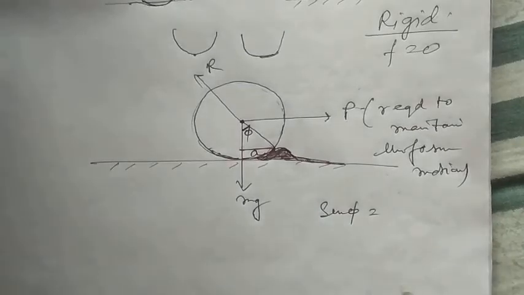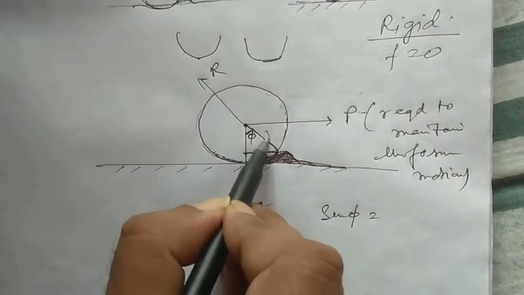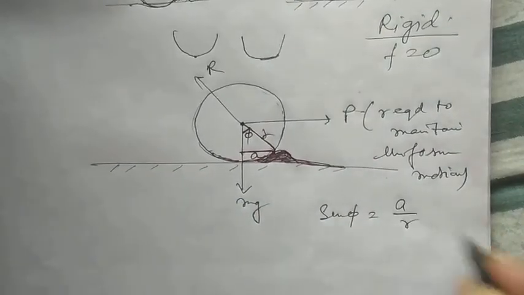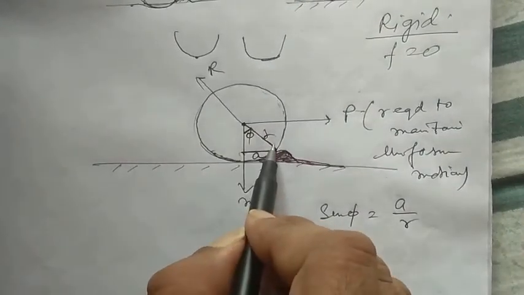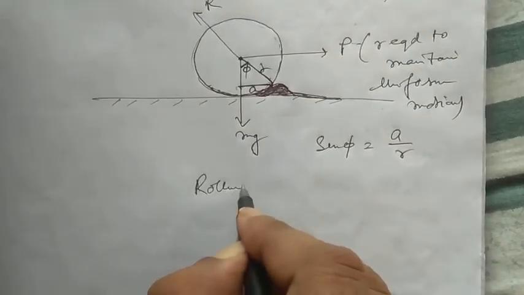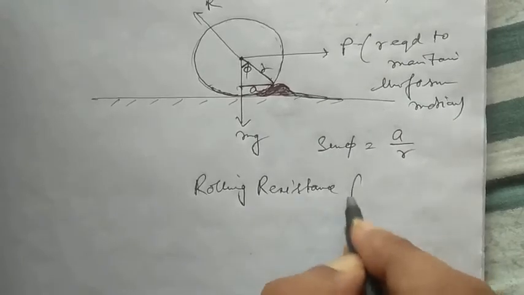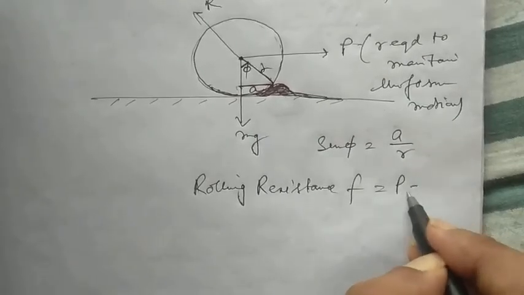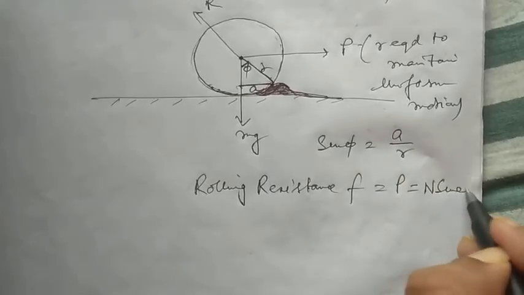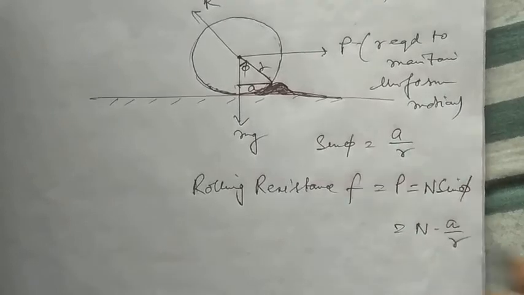Sine phi becomes, this is a, this is the radius of the wheel, that is R. So a by R, perpendicular by hypotenuse. So rolling resistance, if you can call it like this, F is equal to P is equal to N sine phi is equal to N into a by R.